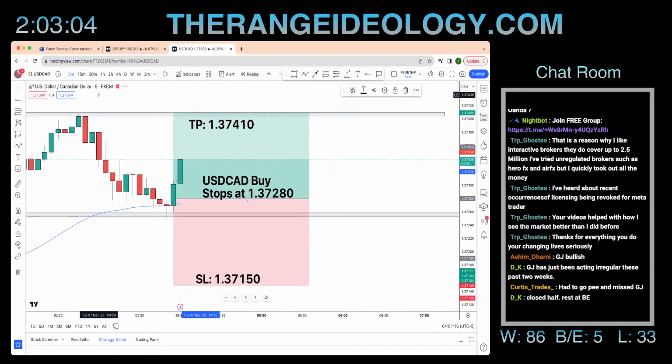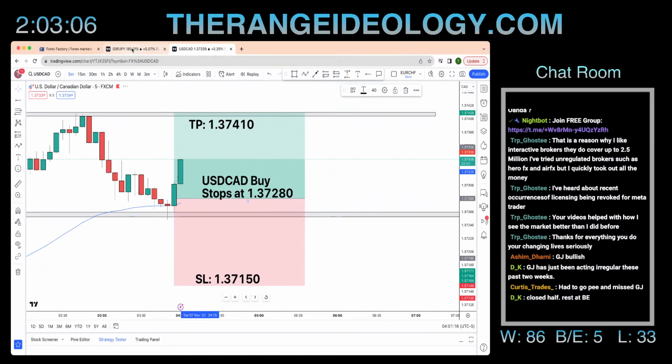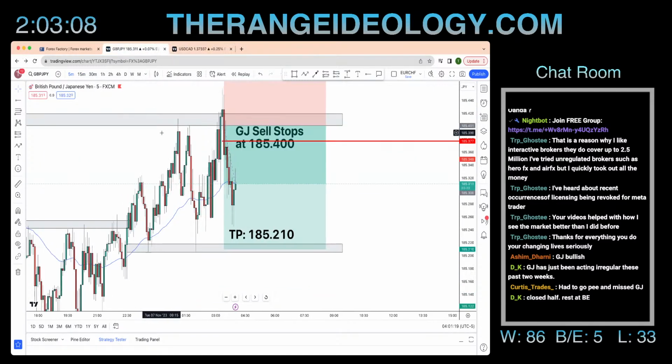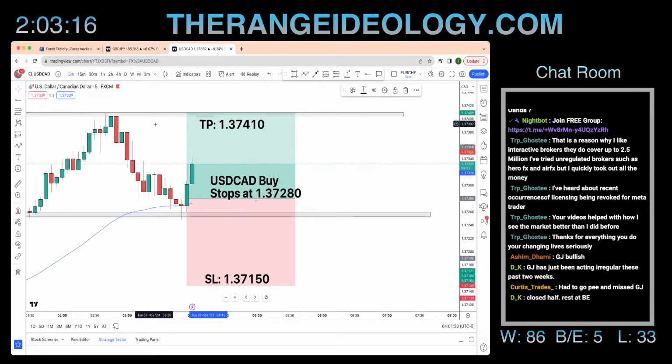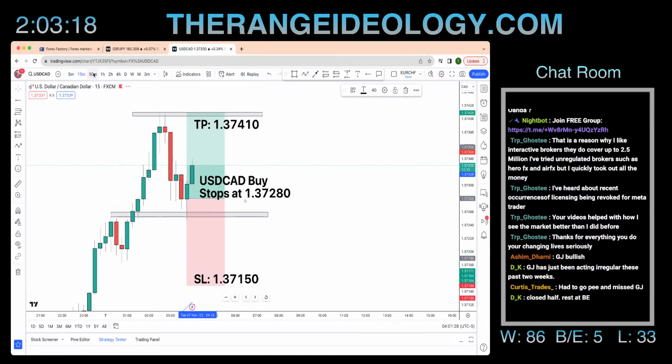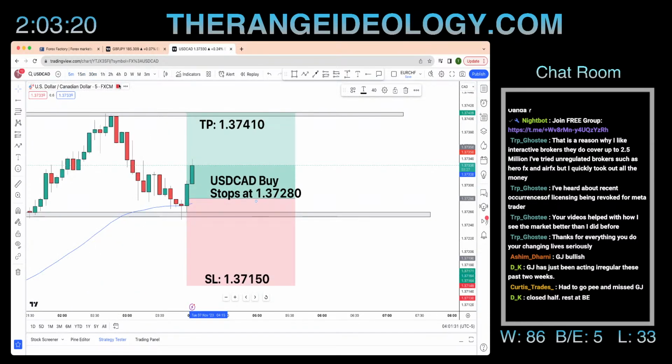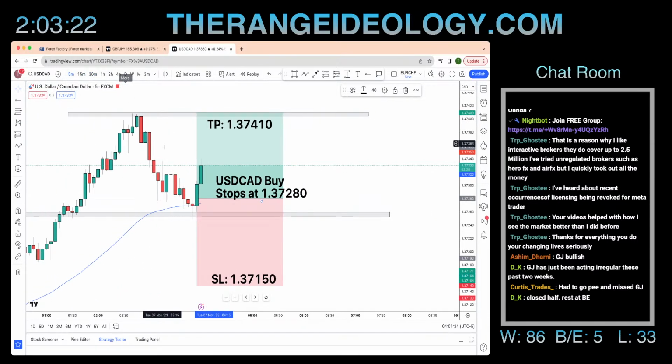Look at USD CAD, guys. This is just no drawdown on USD CAD at all. GJ still has the room to push down here, guys, and I'm expecting it to move down. Again, USD CAD can come up and fill up these non-candle wicks here, so it can certainly come all the way up here.